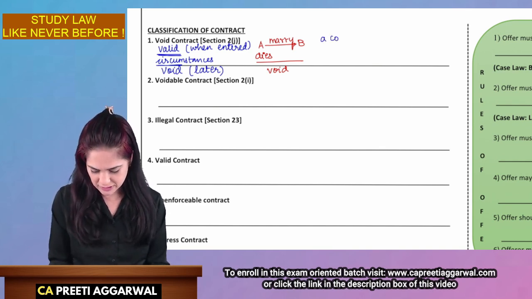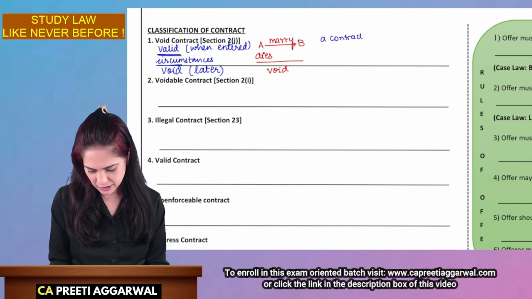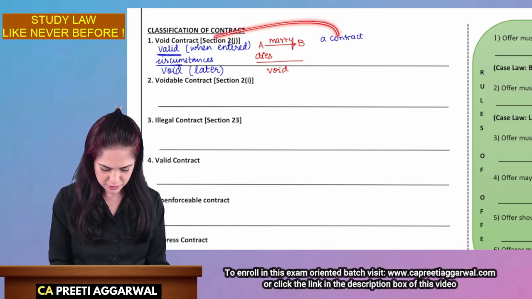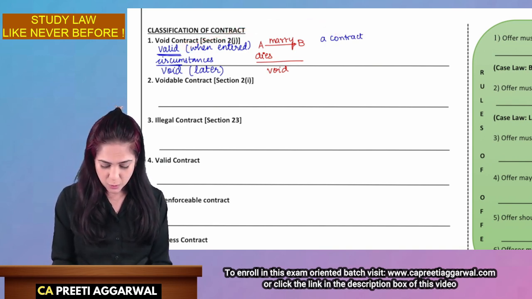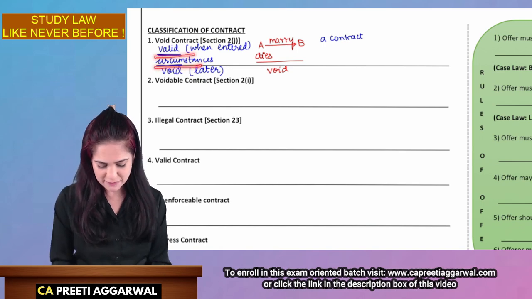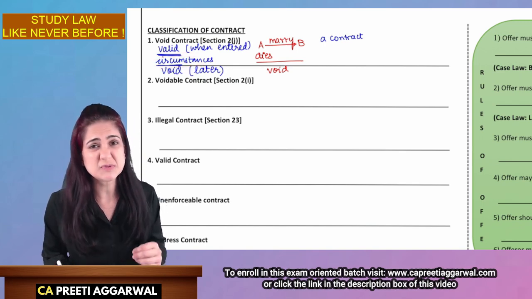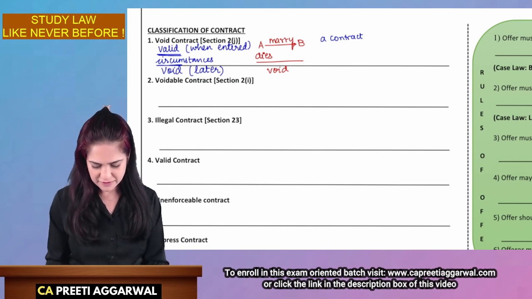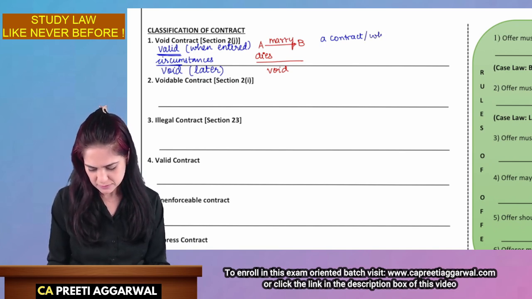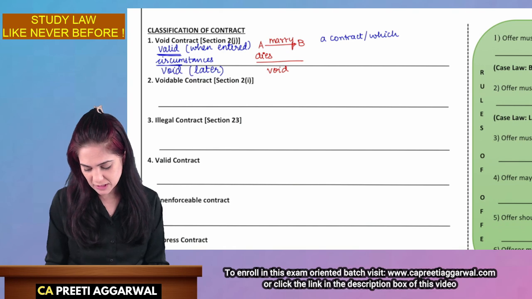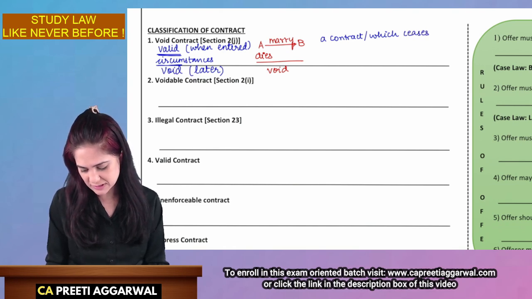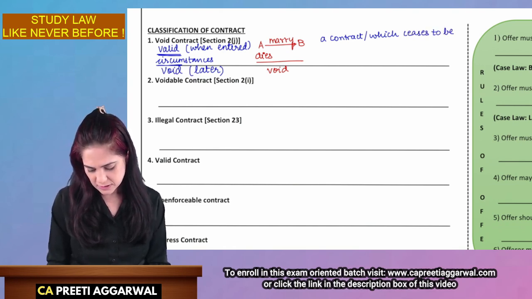A contract, okay, a contract. See, a contract which ceases to be enforceable by law because of some circumstance. Let's write the definition. A contract. This is how we break it. Which ceases to be enforceable by law.